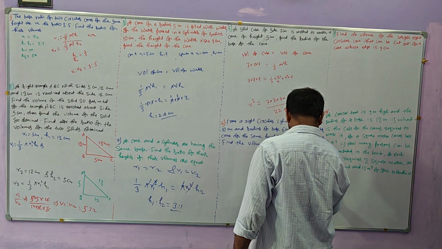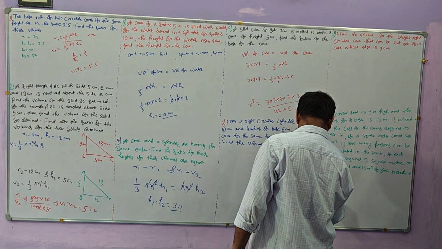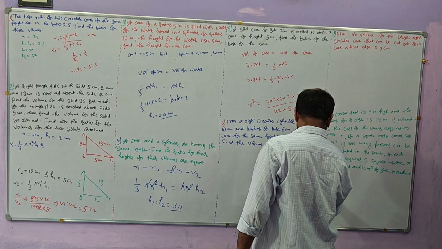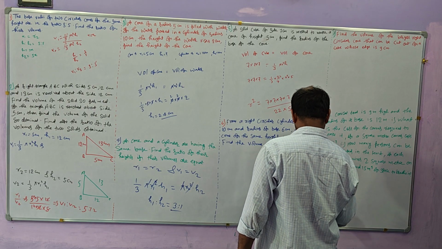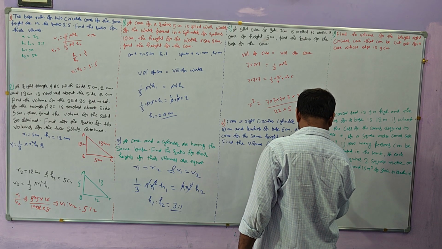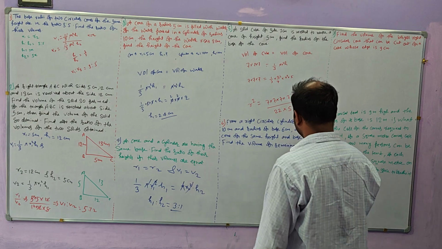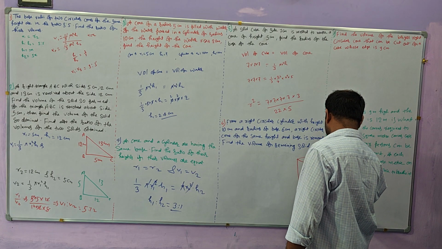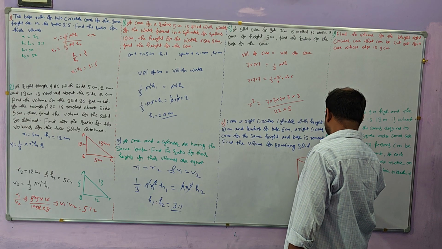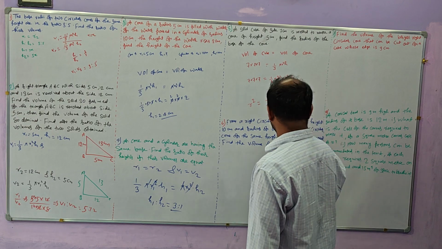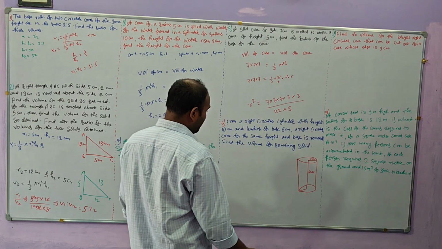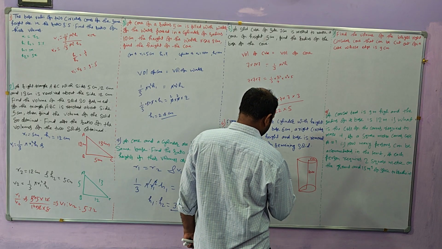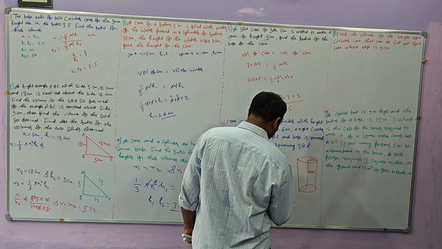Suppose we have a right circular cylinder with a height of 10 centimeter and radius 6 centimeter. A circular cone of the same radius and height is going to be removed.